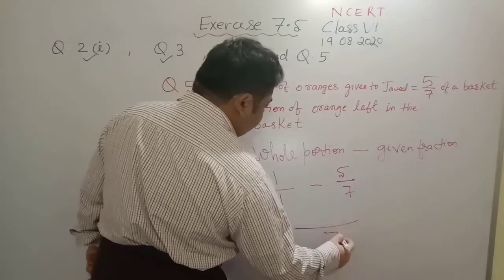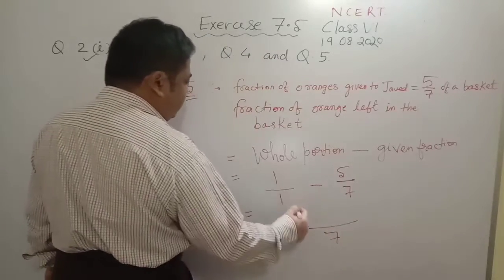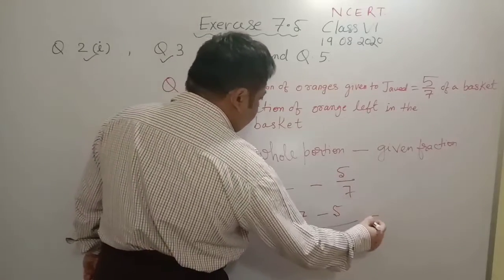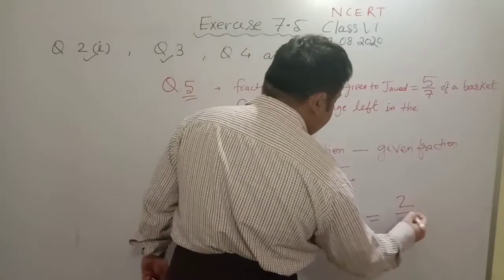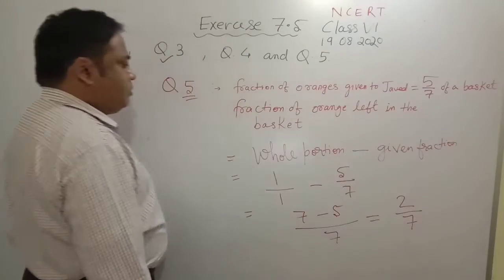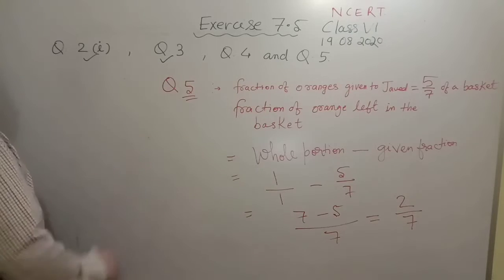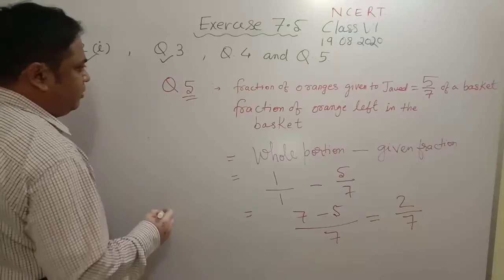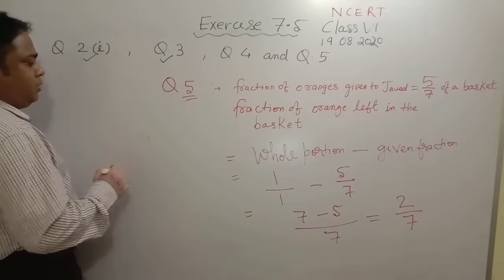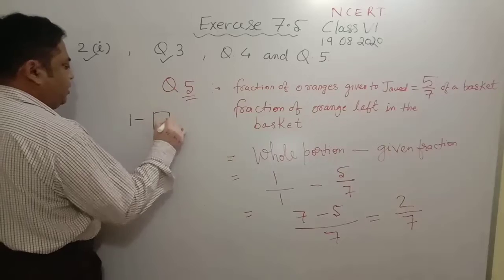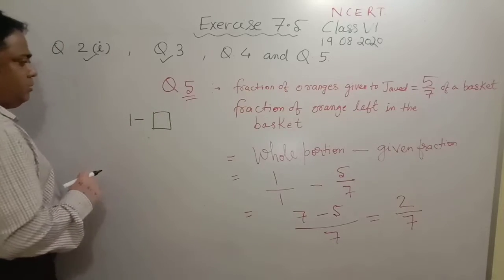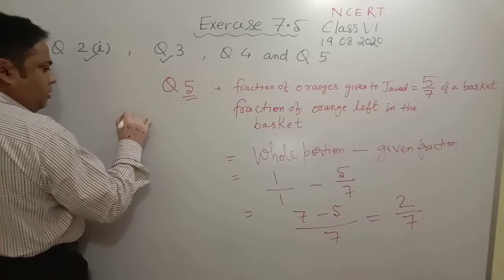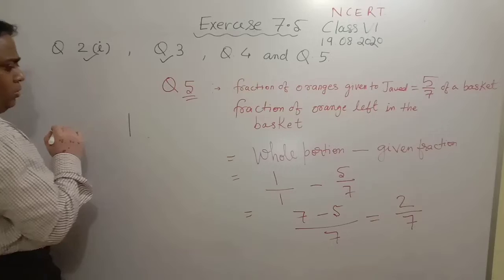LCM will be 7. 7 by 7 minus, and this will become 5. So it will be equal to 2/7. You can also frame the answer of this by using the previous method, that 1 minus what is equal to, or what is left has to be found out, no?